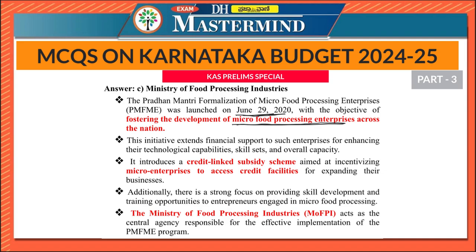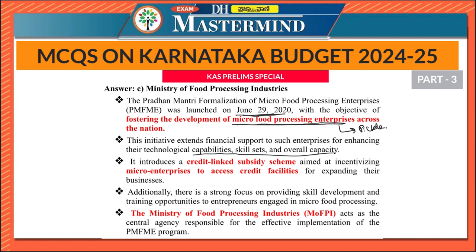So, micro food processing enterprises like pickle making or papad making, etc. This initiative extends financial support to such enterprises for enhancing their technological capabilities, skill sets, and overall capacity.